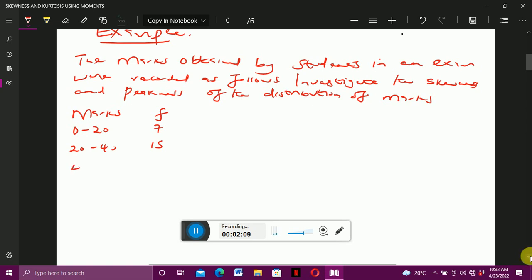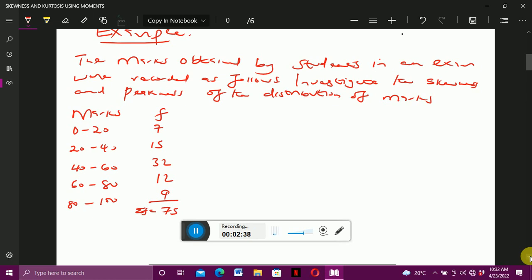Between 40 and 60, we had 32 students. Between 60 and 80, we had 12 students. And between 80 and 100, we had 9 students. If we sum the frequencies, we see that in total we had 75 students.